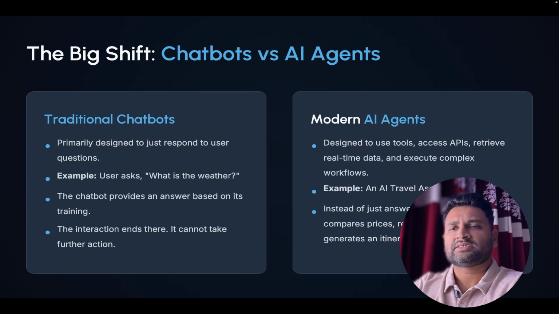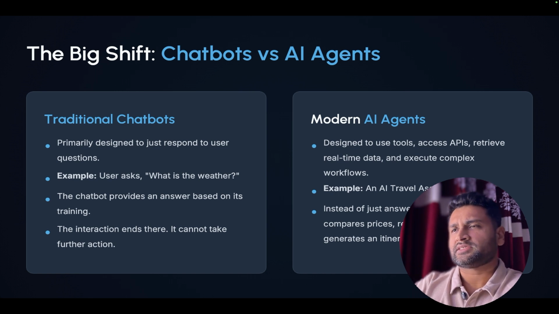One of the biggest changes in modern AI is moving from chatbots to AI agents. Traditional chatbots mostly respond to user questions. For example, a user asks what is the weather? The chatbot answers, and the interaction ends. But AI agents are different.